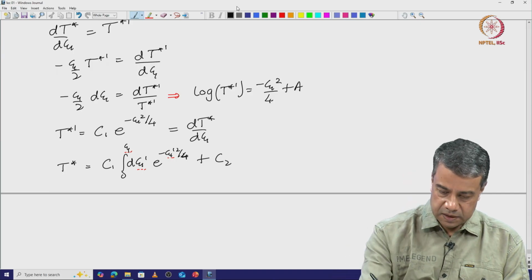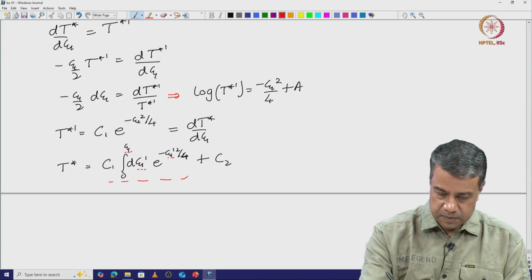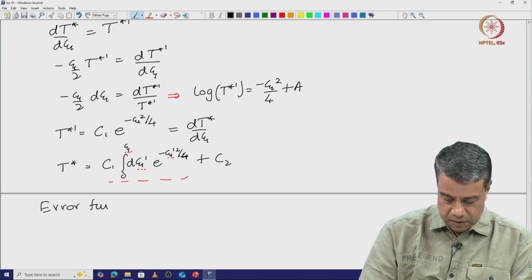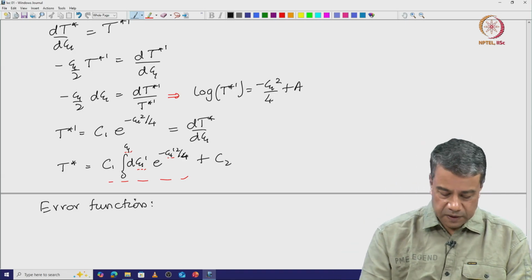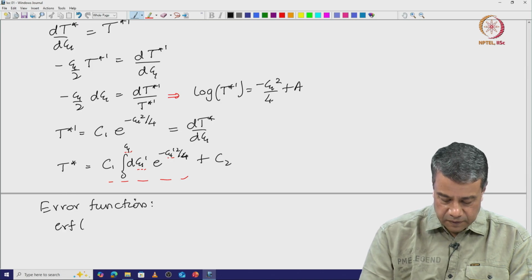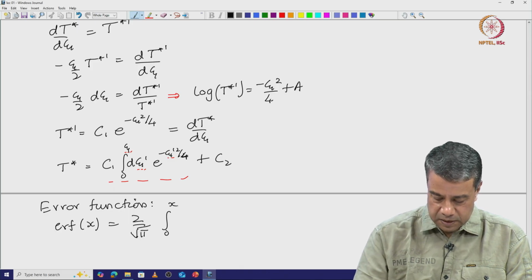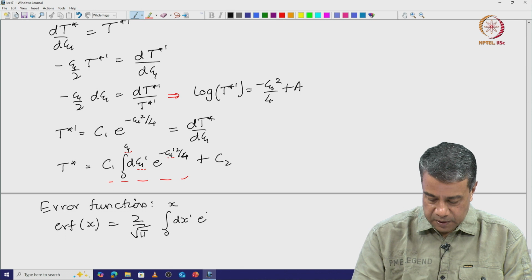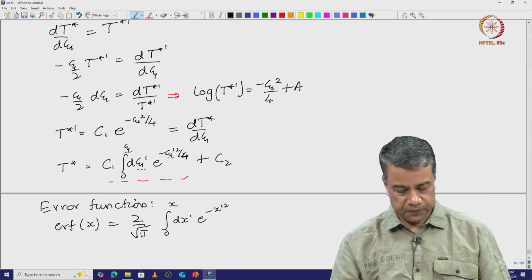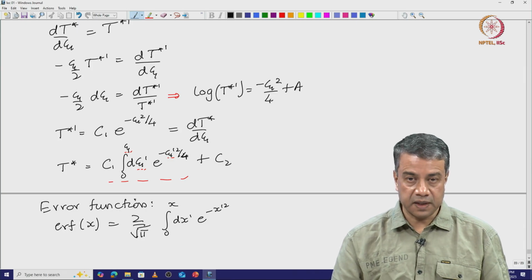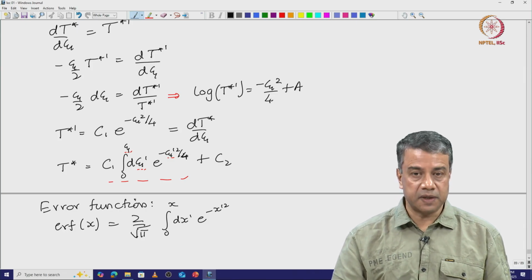The error function erf of x is defined as 2 by root pi integral 0 to x dx prime e power minus x prime square. Here I have psi prime square by 4, so I have to write x prime as psi prime by 2.